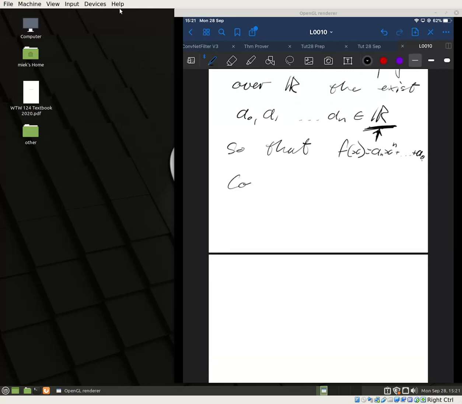Now consider f of the complex conjugate of c. This equals an c bar to the power n plus an minus 1 c bar to the power n minus 1, etc. up to a0.